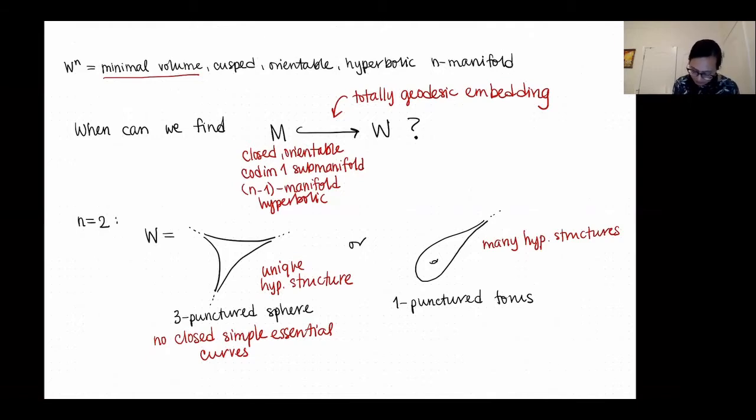However, in the once punctured torus, there are many closed simple curves. Here's an example of one. That's one. If you want a different one, let me draw a different one here.